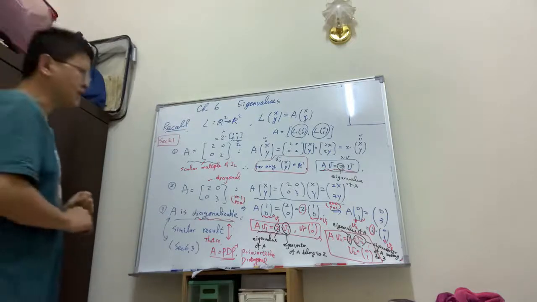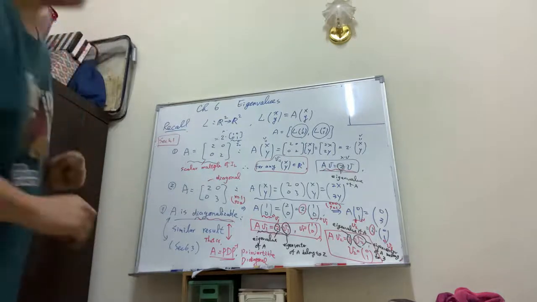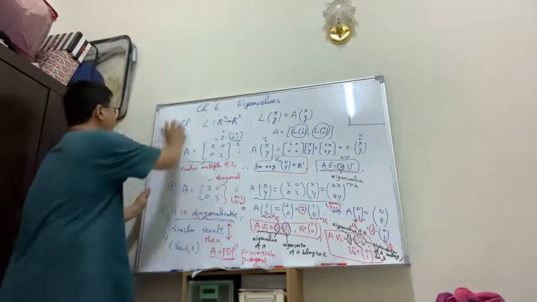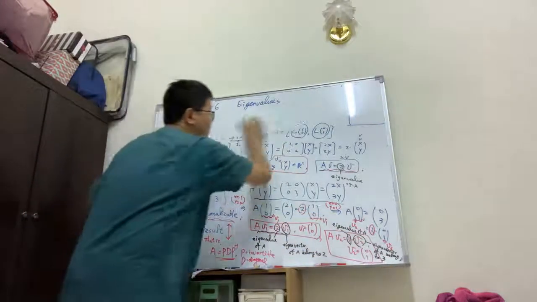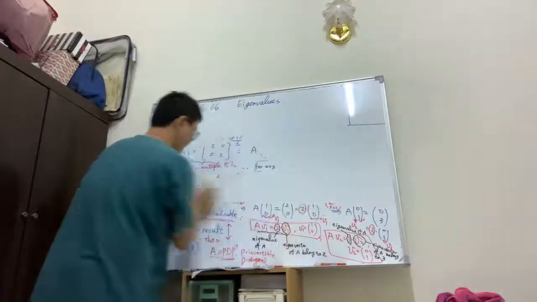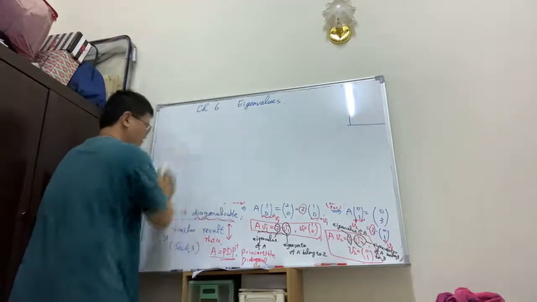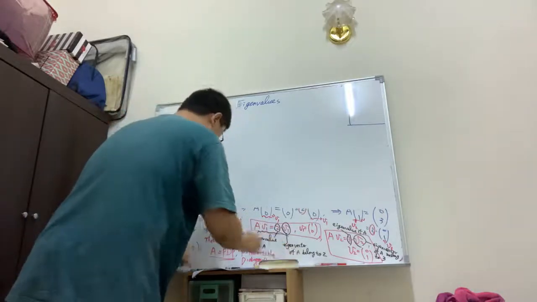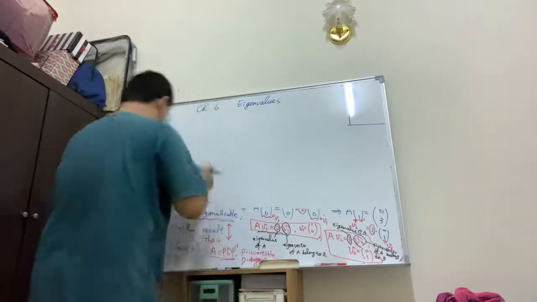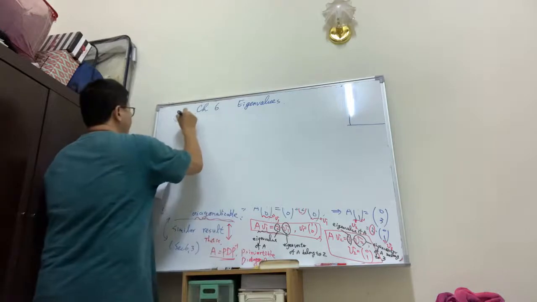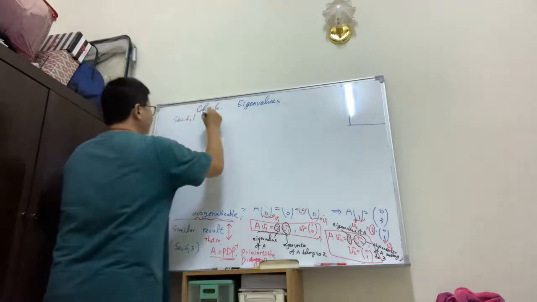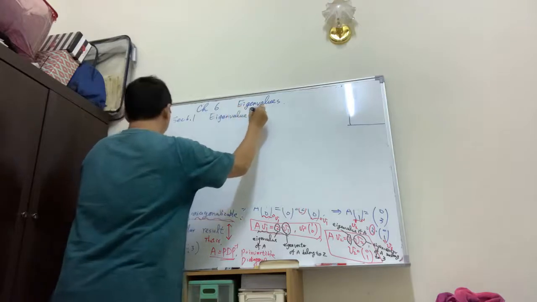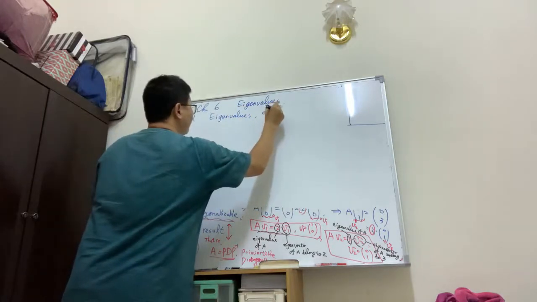Okay, now I erase this. Section 6.1: eigenvalues, eigenvectors.